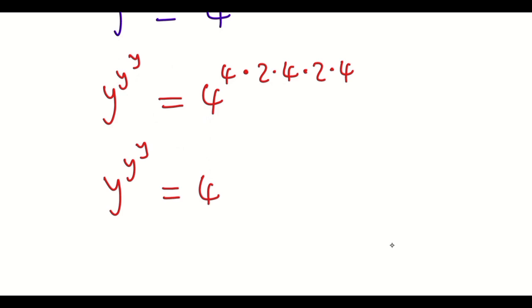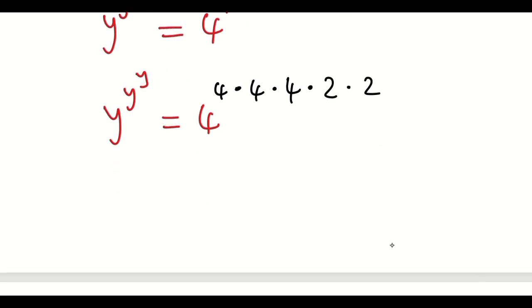So 4 raised to the power of this 4 times this 4 times this other 4, and then times 2, then times this 2 here. Now that we have that, I'm going to multiply this 2. So 2 times 2, that will give you 4.